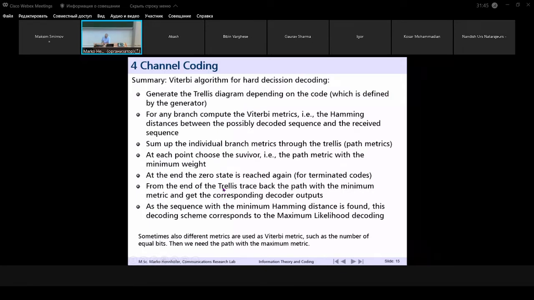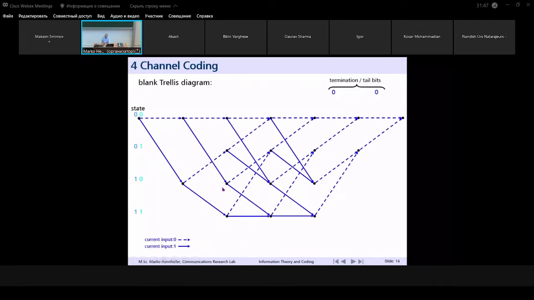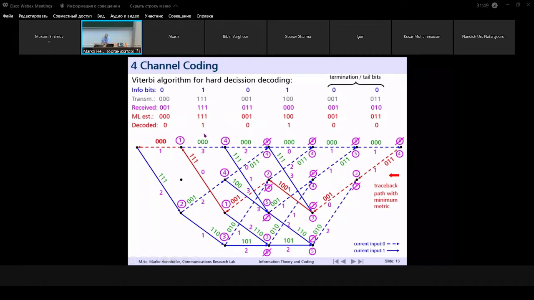Maybe one thing I forgot to mention at the example with our Viterbi decoding. The Viterbi decoding also has another big advantage. It's very easy to incorporate soft information here in this decoding. Just imagine we consider again an additive white Gaussian noise channel, like with a bipolar modulation scheme.